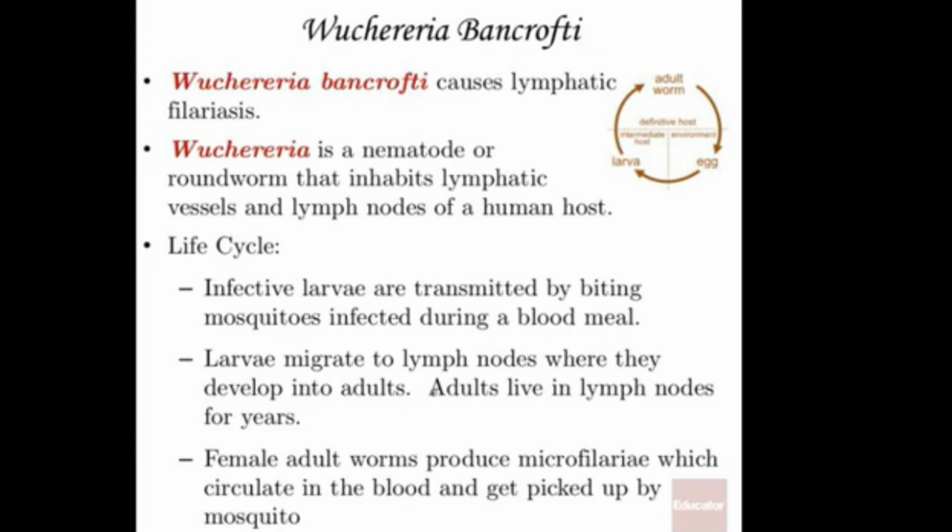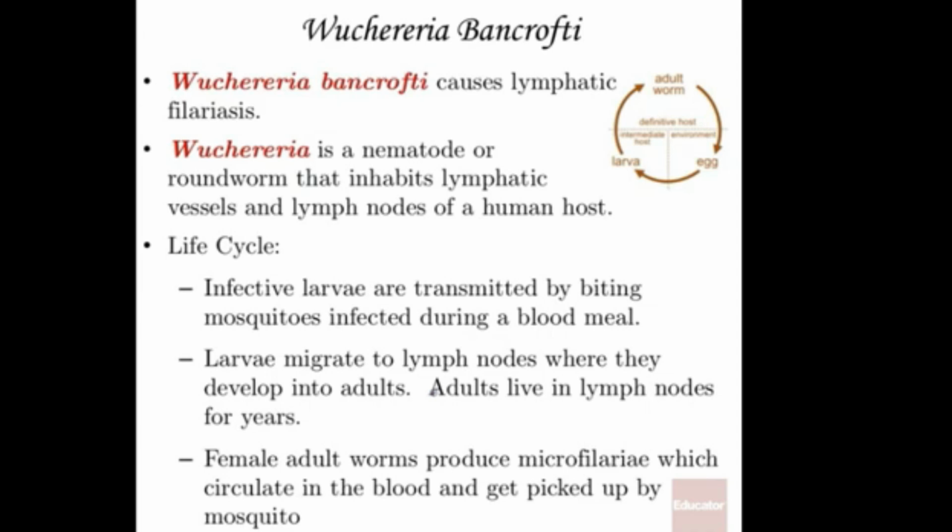And in this case, we have the mosquito transmitting Wuchereria, as well as all these other diseases that also occur in the tropical environment. The mosquito transmits these larvae, and these larvae then go into the lymphatics and colonize, right? You have to attach and colonize, and then they grow into adults.